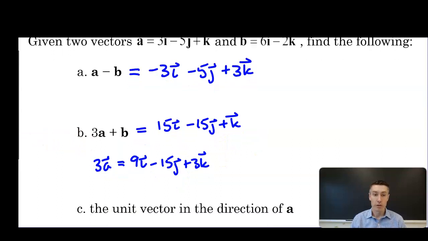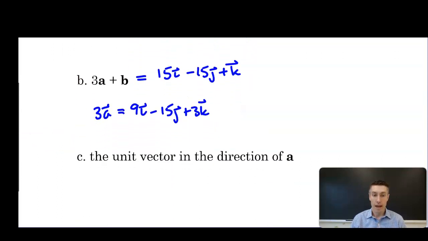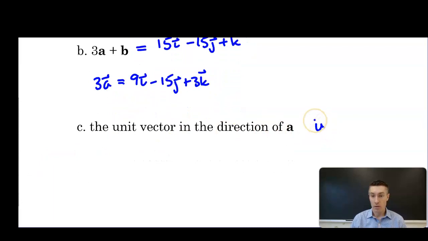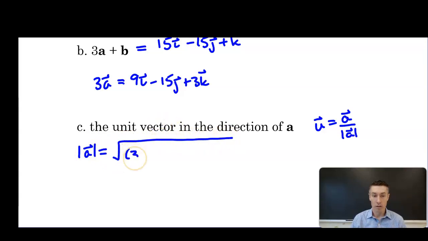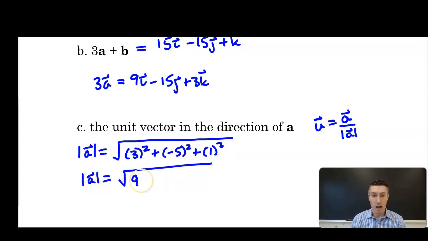And then the unit vector in the direction of A. Okay, so that means that u is vector A divided by its magnitude. So the magnitude of vector A is the square root of 3 squared plus negative 5 squared plus 1 squared. So magnitude of vector A is the square root of 9 plus 25 plus 1. So magnitude of A is the square root of 35.